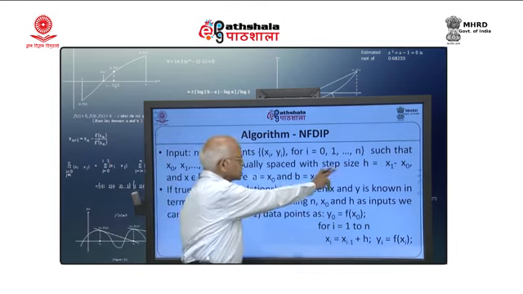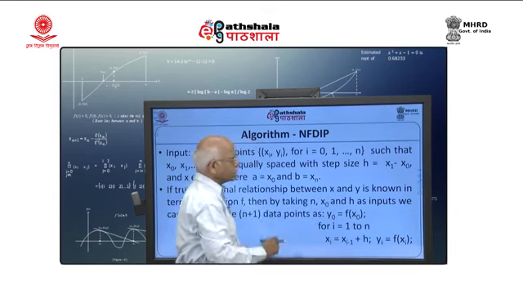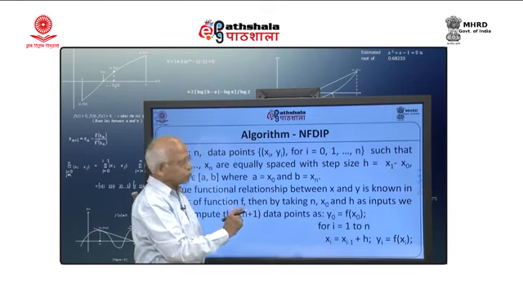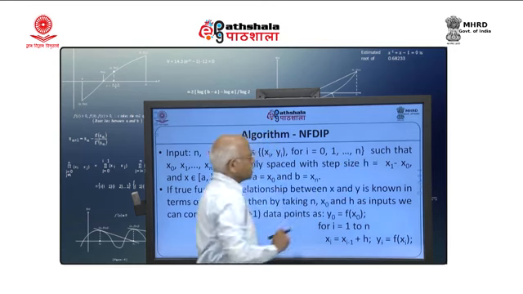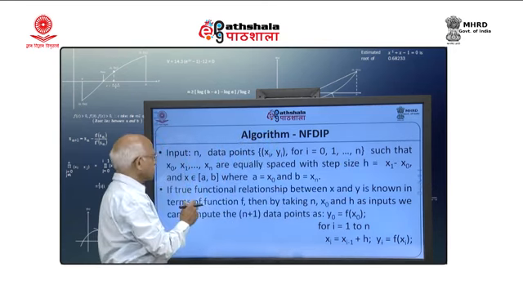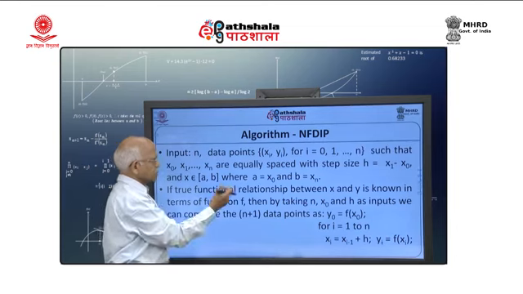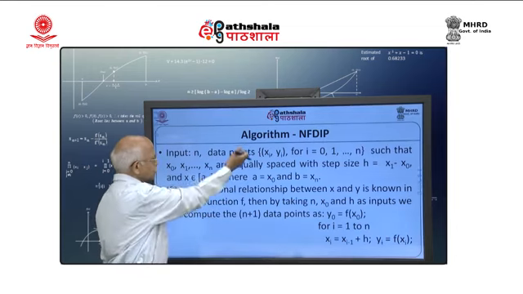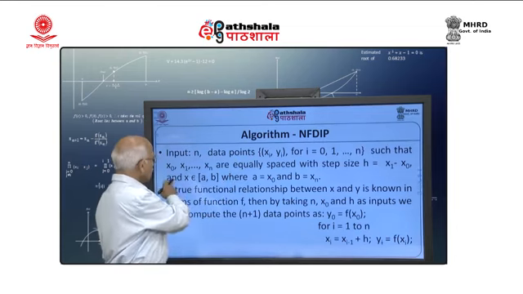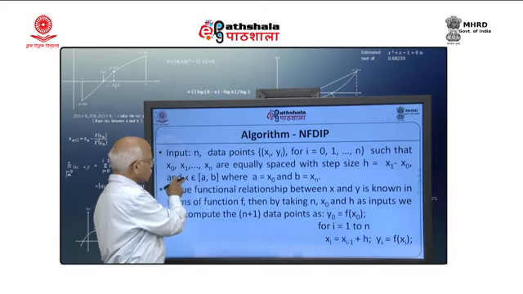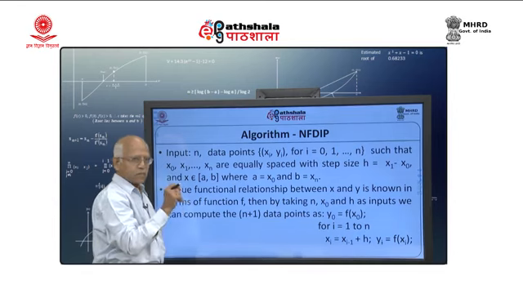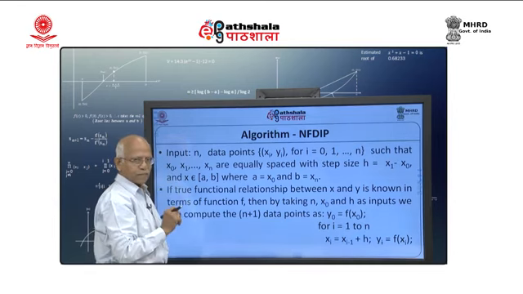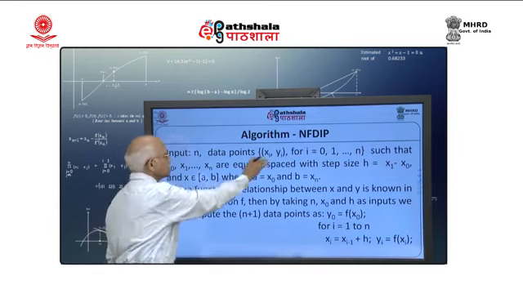Now, the step size h will be given by the difference between any two consecutive x values, that is x 1 minus x 0. So, h is my step size, that is also taken as an input, or you can compute it from the data points. And then we are given the value x at which you want to estimate the value of y, and which is not given in these nodes.